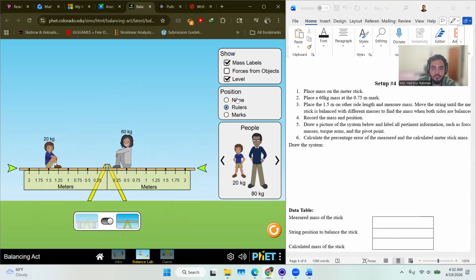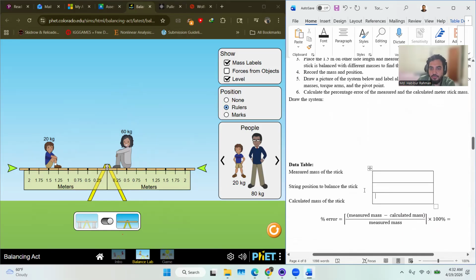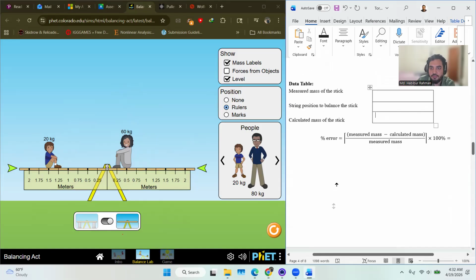You need to draw like that, and you can draw the lines that way with the ruler, not very detailed. And the measured mass is 20, which is unknown, and the position is 1.5. And the calculator, we don't need this one actually.